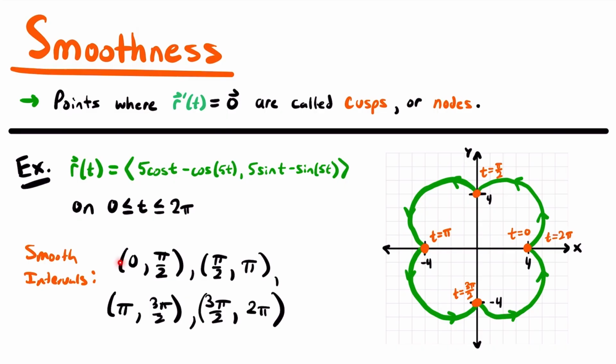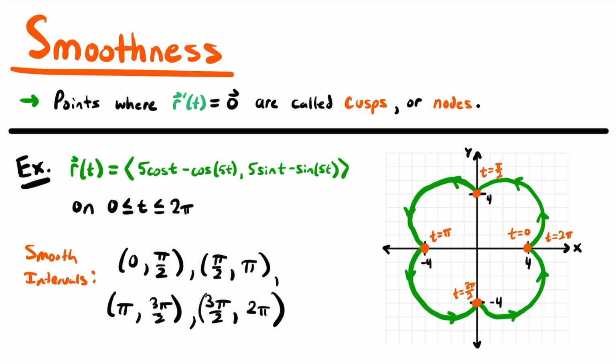That's why we have all these open brackets around these endpoints, because we're not including those values of 0, pi divided by 2, pi, 3 pi divided by 2, and 2 pi in the smooth intervals. Those are values of t for which the curve is not smooth. And furthermore, those would also be the values of t for which this vector function's derivative would equal the 0 vector.